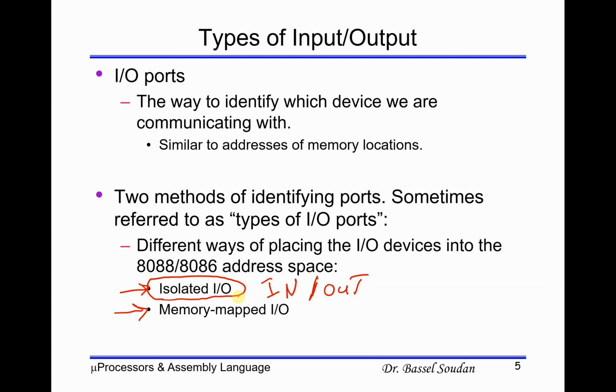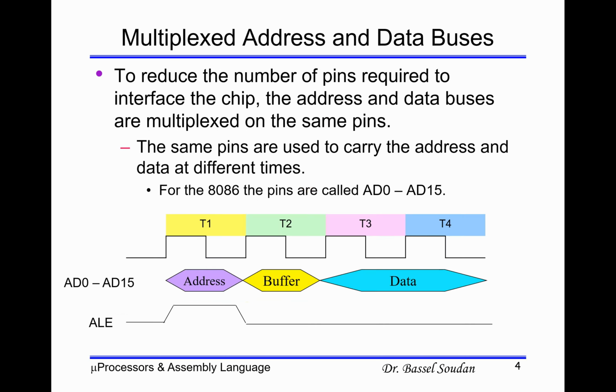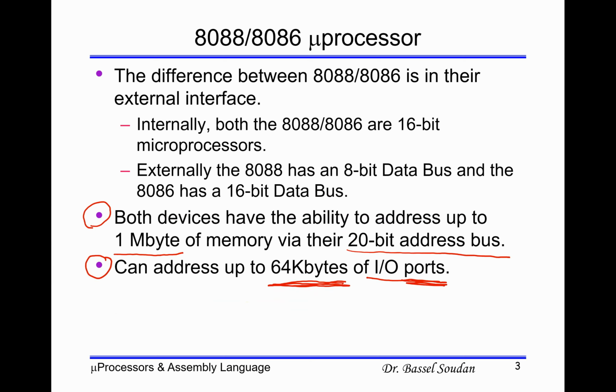So isolated I/O indicates that I have a separate address space for the input output devices. Similar to the address space that I have for the memory, I have another address space for the input output. Based on what we have learned in this slide, I have memory of 1 megabyte, so I need 20 bits to address the memory.